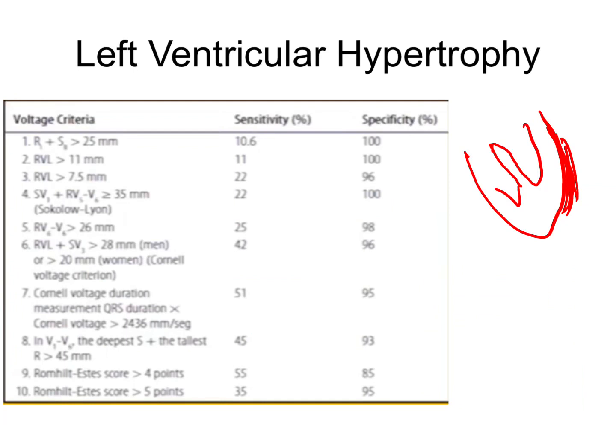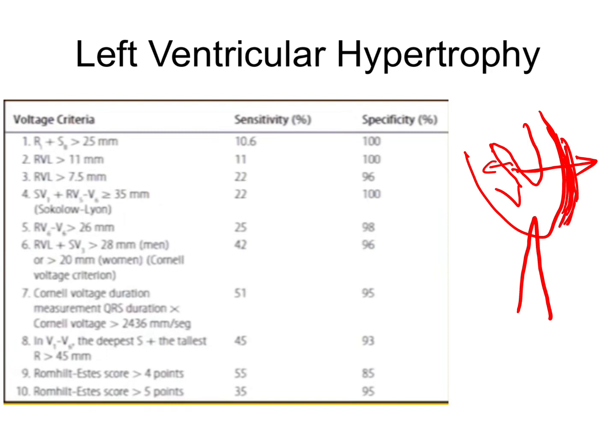Coming to left ventricular hypertrophy, as we know, the position of the vector will be like this. So we will get an increased or tall R wave in V5, V6. The criteria you should remember are only a few. Sorry, I will once again repeat.